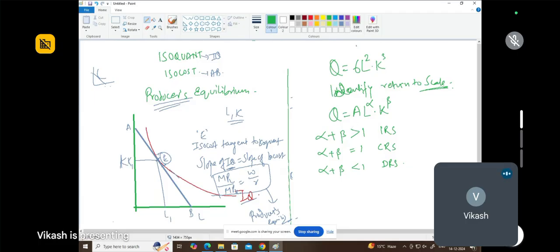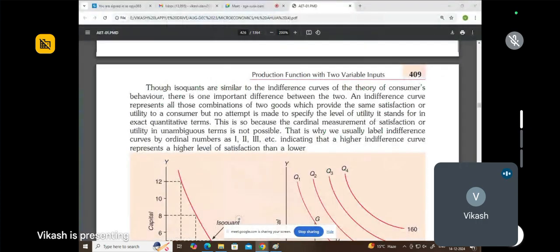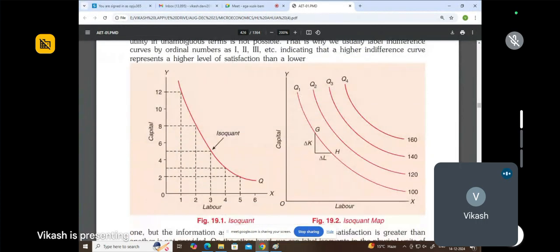Clear, class? Yes. And the related numerical you need to do is given in the page number. See there.